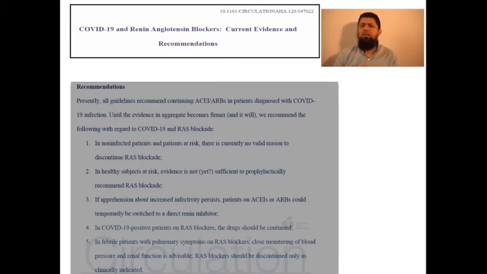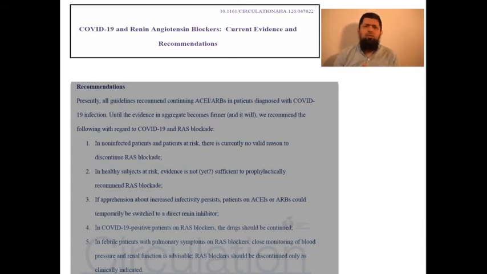We know from KDIGO guidelines that septic patients are at risk of acute kidney injury because of intravascular volume depletion, and the use of ACE inhibitors or ARBs in this situation may accelerate the onset of acute kidney injury in those patients.